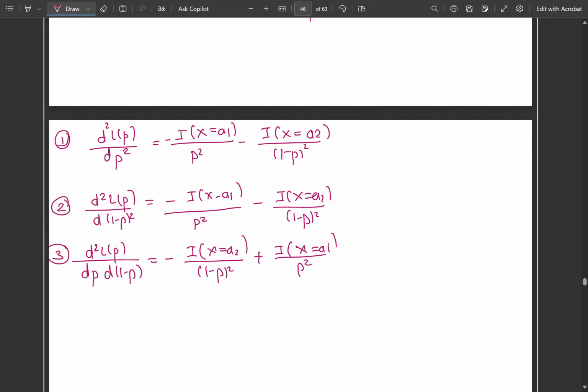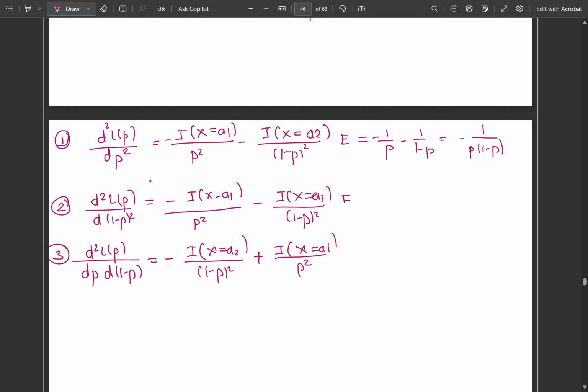Now let's proceed further in our calculation and take the expectation of these values. What is the expectation of this? Think for a few seconds. The expectation of this is minus 1 over p plus 1 over 1 minus p, and this should equal minus 1 over p(1 minus p).